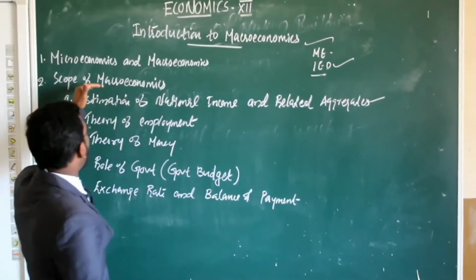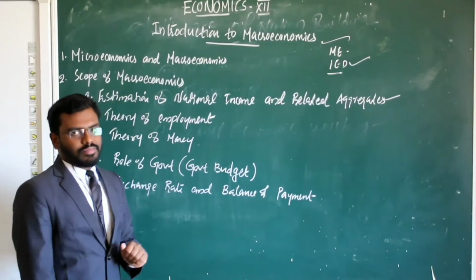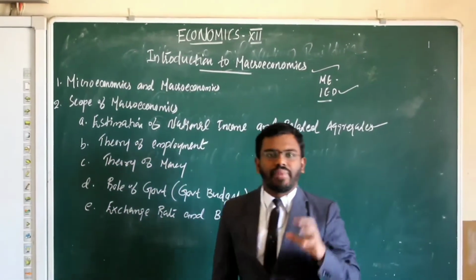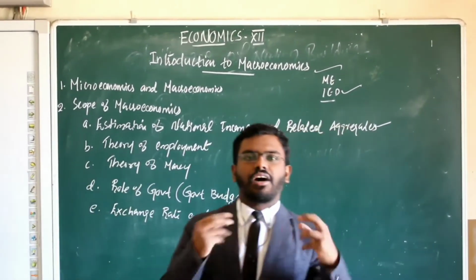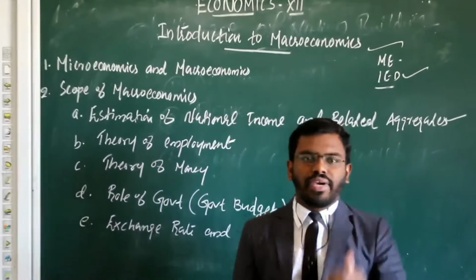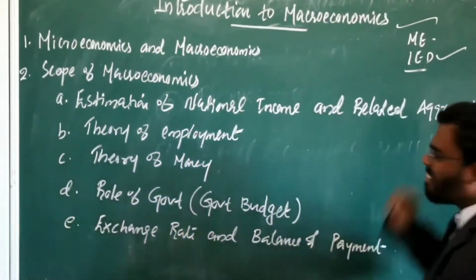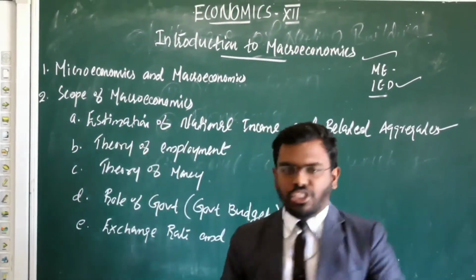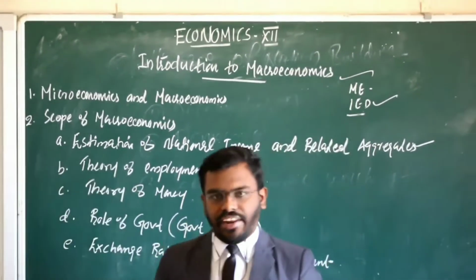Coming to the scope of macroeconomics. Scope of macroeconomics means the subject matter of macroeconomics. What are the topics covered under macroeconomics? The first one is estimation of national income and related aggregates. National income means income of a nation.